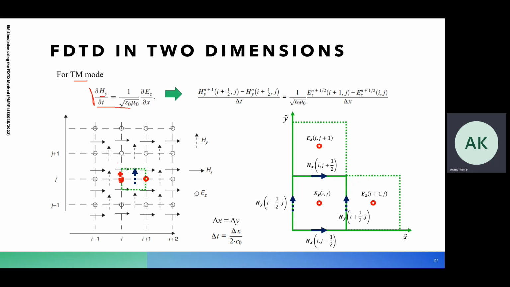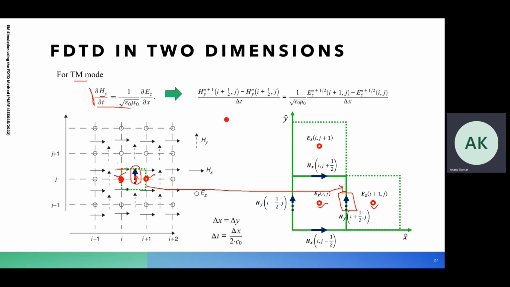We have updated this particular magnetic field over here, and now we are trying to update this magnetic field over here. So we will use the electric field value over here and here, and using these two electric field values, we'll update this particular magnetic field value. So this can be translated to this cell.